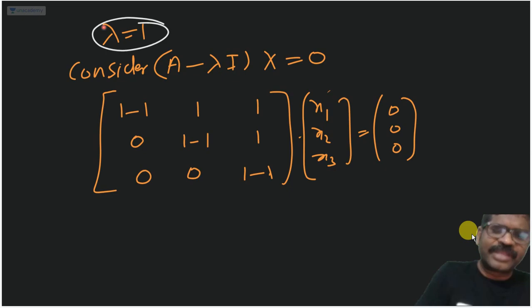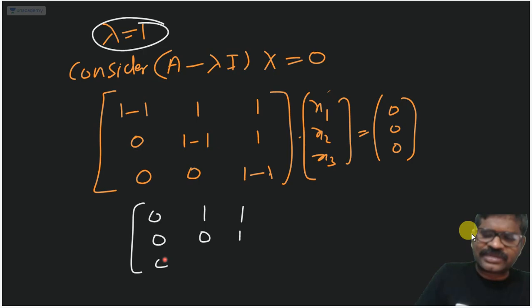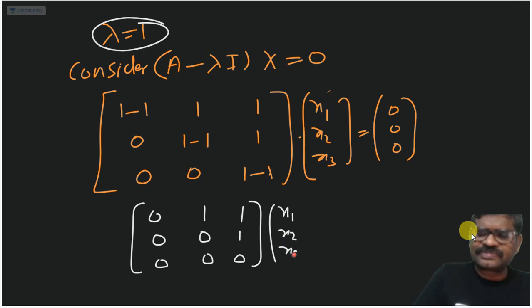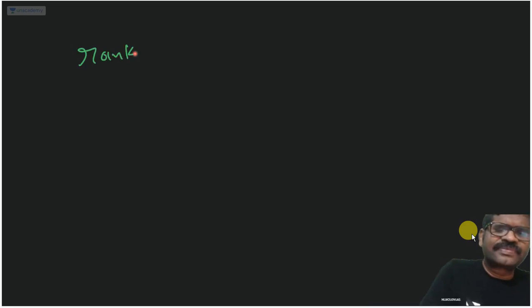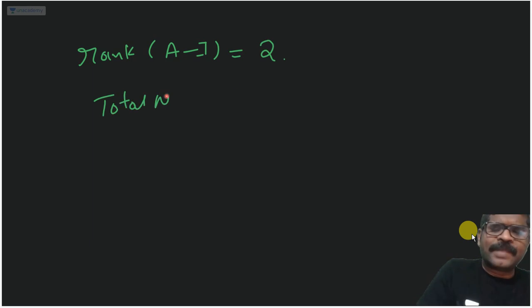Since lambda equal to 1, the matrix is 0, 1, 1; 0, 0, 1; 0, 0, 0. Is it in echelon form? Yes, it is in echelon form. So rank of A minus 1I equal to 2. Total number of variables equal to 3.